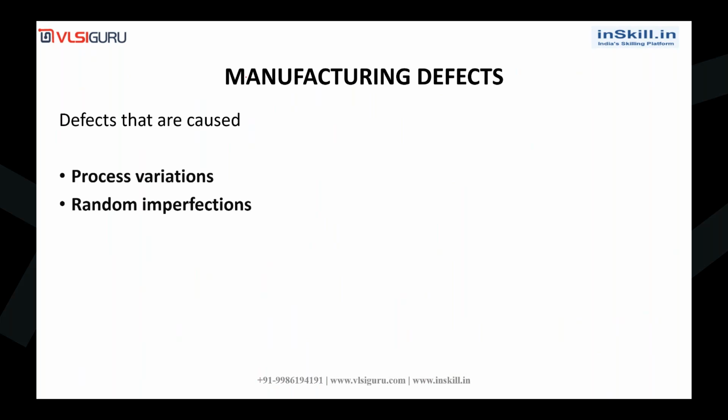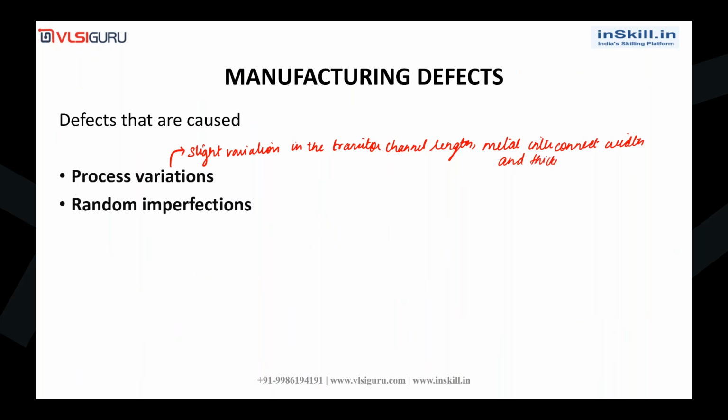Process variations mean slight variation in the transistor channel length, and metal interconnect width and thickness.